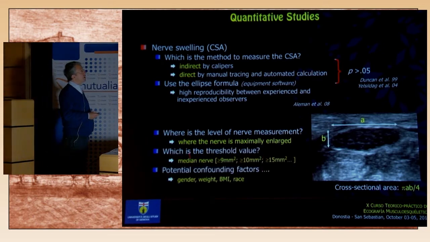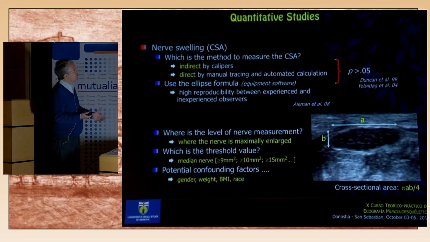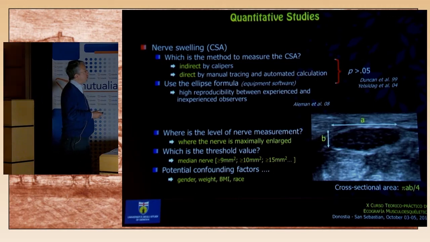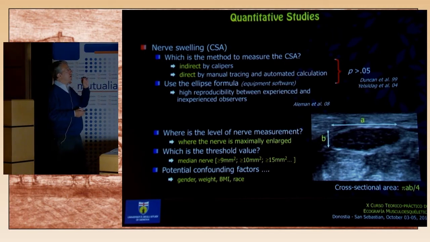Which is the threshold value is more tricky, as you know. There are millions of papers about that, but the point is that in the carpal tunnel there are a lot of potential confounding factors, and this is the reason for which we cannot select a specific measurement as a cutoff between normal and pathologic. In general, we use 10 millimeters square.